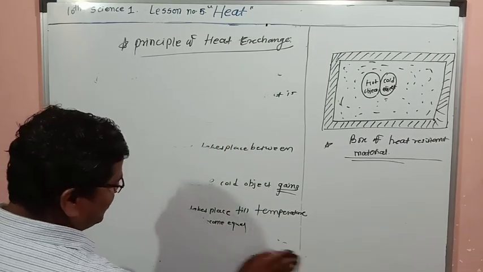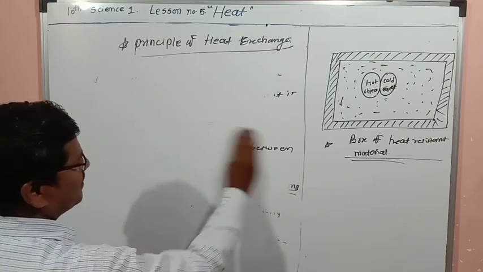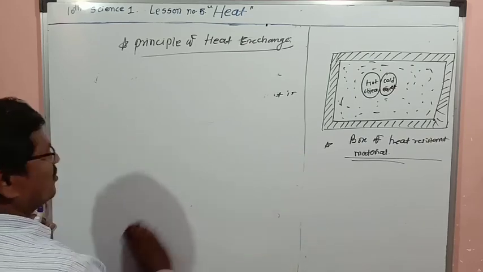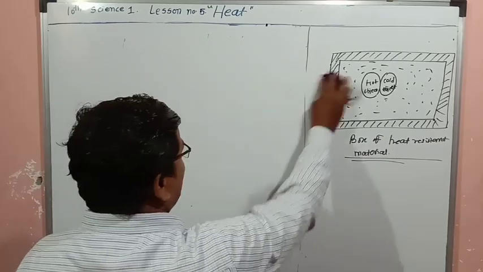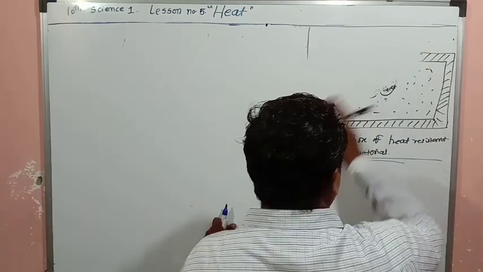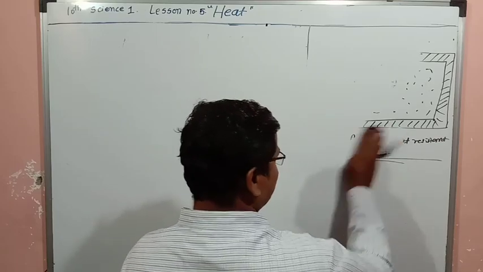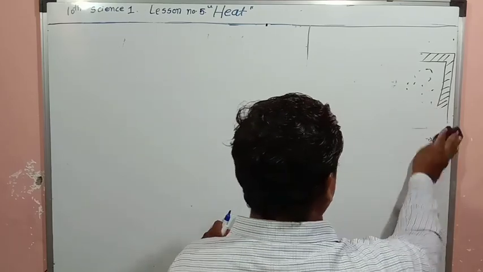Measurement of specific heat and calorimeter, and measurement of heat by the mixing method, you have to study. So we'll draw the diagram first, and first I will explain what is meant by calorimeter.